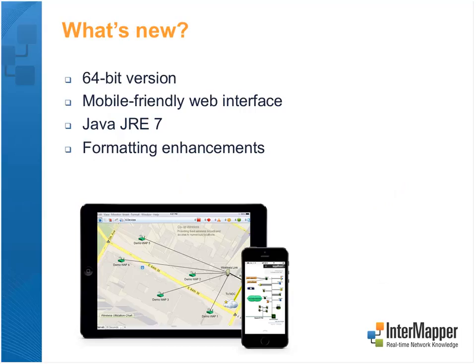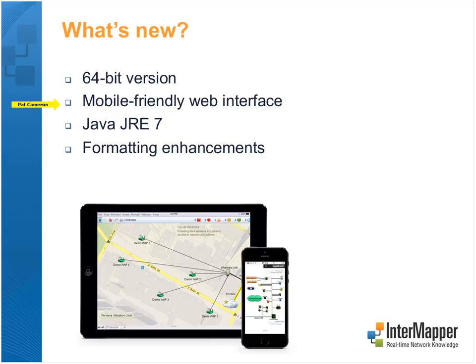So, what's new in InterMapper? There's a bunch of little things, but the big things that we want to make sure you're aware of: it now has a 64-bit version, and we'll talk about that in detail. They've done a lot of enhancement to the web interface, and it is very mobile friendly.